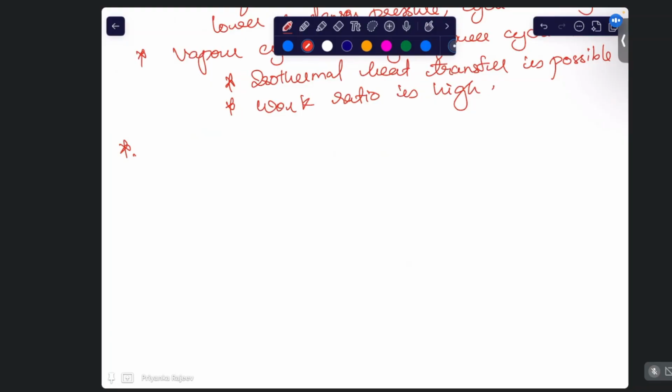Why can the Carnot cycle not be realized in a practical vapor power cycle? The main difficulty in attaining the Carnot cycle in the real world is that isothermal condensation is stopped before it reaches the saturated liquid condition.